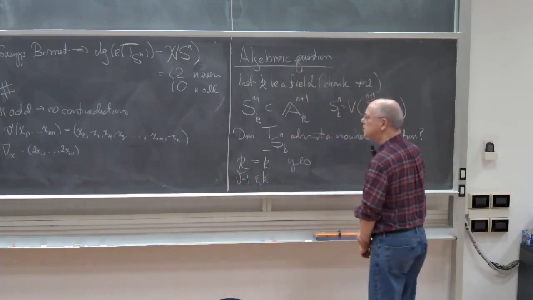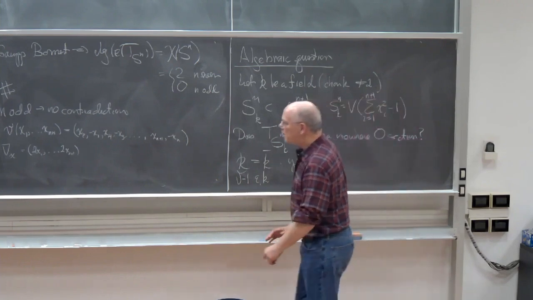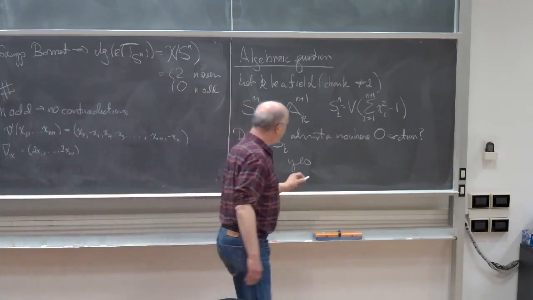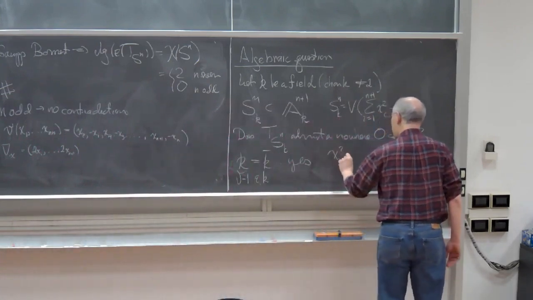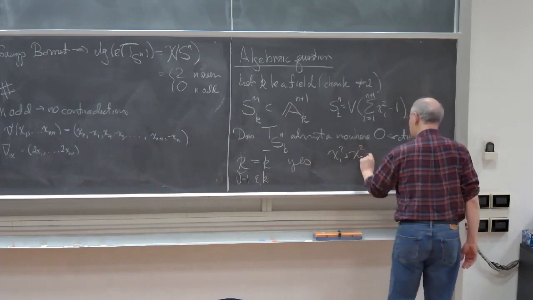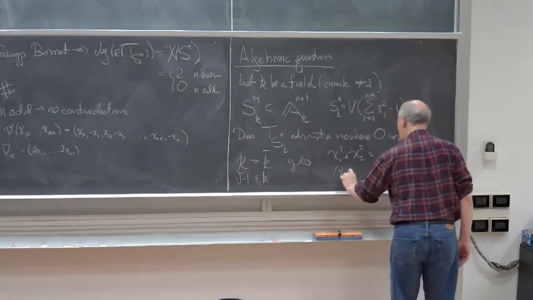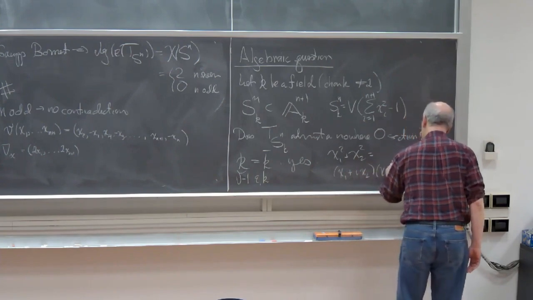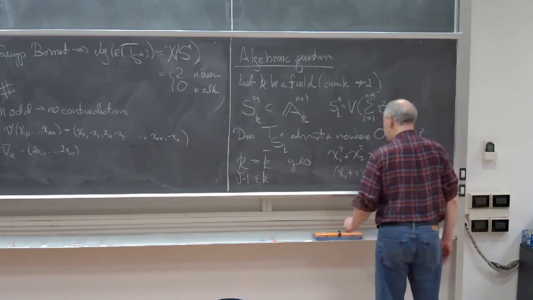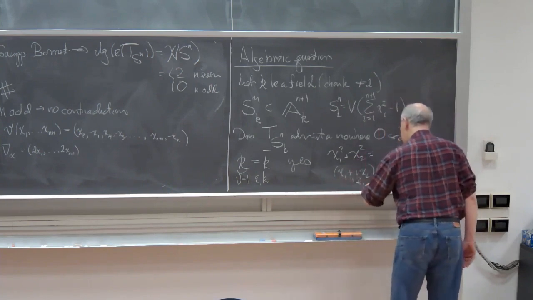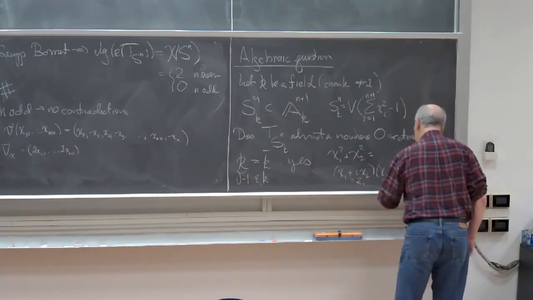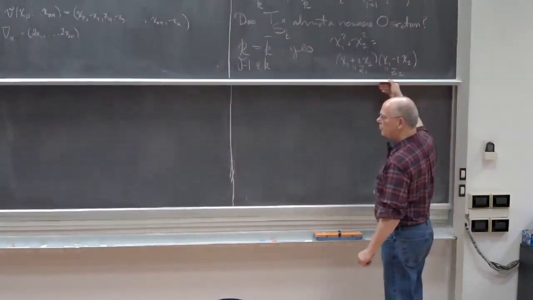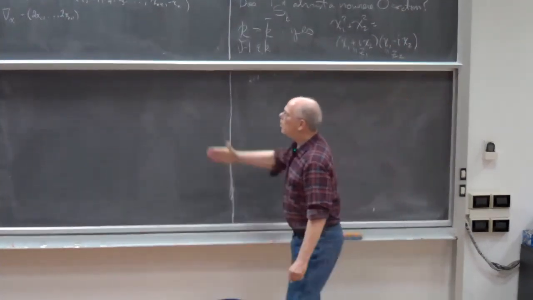Then the answer is yes, because you can take this equation and write x1 squared plus x2 squared as x1 plus i x2 times x1 minus i x2. You can call this one z1 and this one z2. Then you play the same game. You can explicitly write down a section.